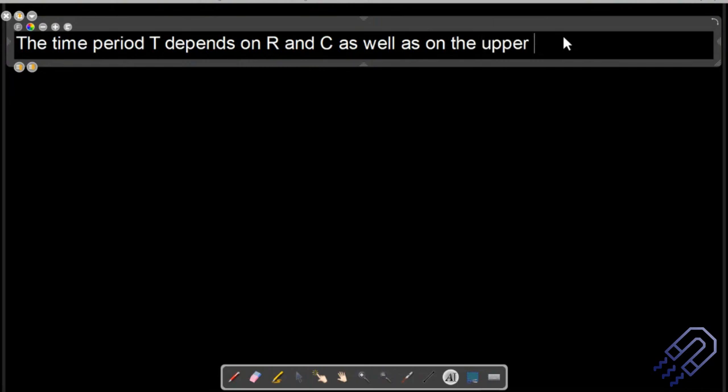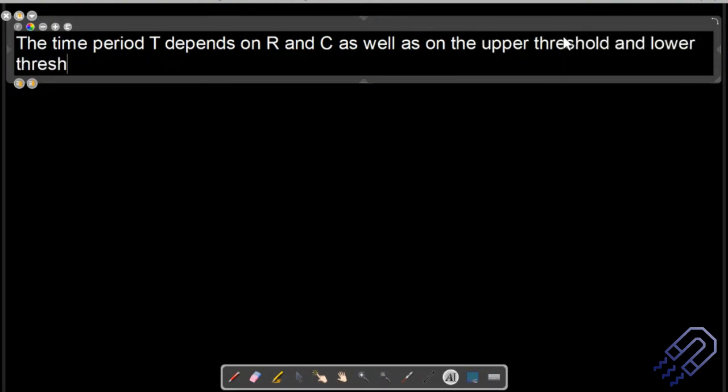So it will depend on these factors, and that's why we have a formula which involves all these factors.